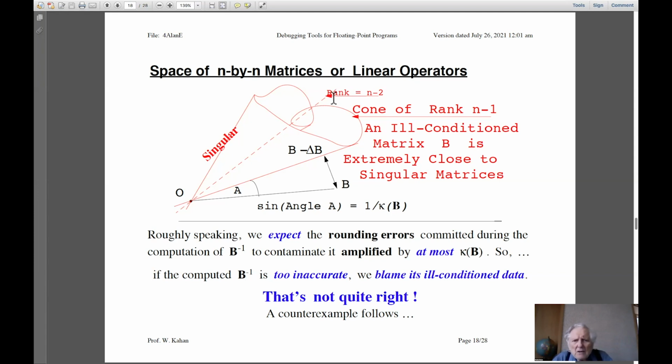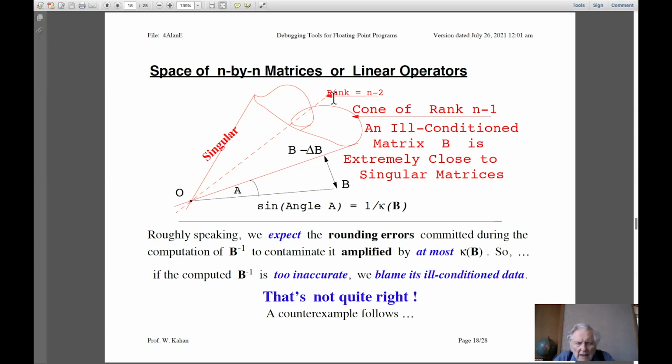The big cone of singular matrices intersects itself along matrices whose rank is 2 less than full. And further intersections occur. Now, an ill-conditioned matrix is extremely close to the cone.